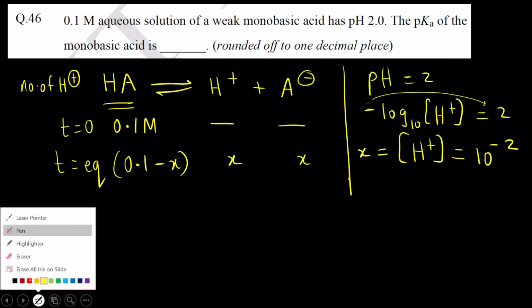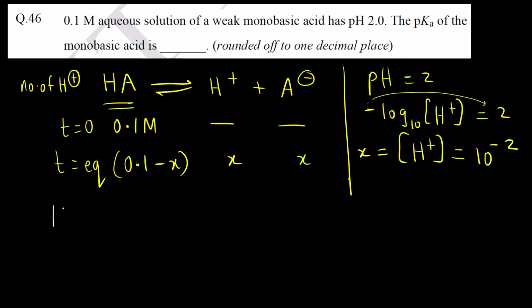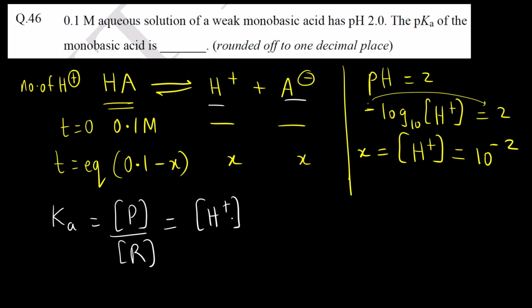Okay, so now we can substitute. What is Ka? Ka is concentration of products divided by concentration of reactant. Products are H plus and A minus. So H plus into A minus divided by HA.